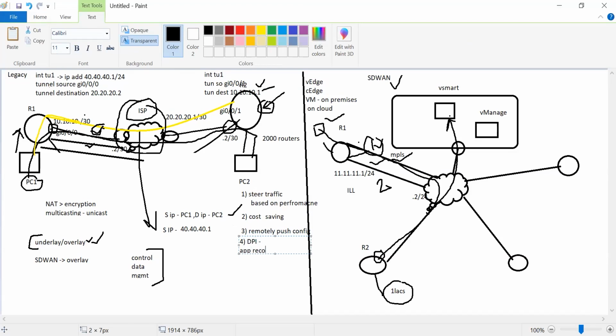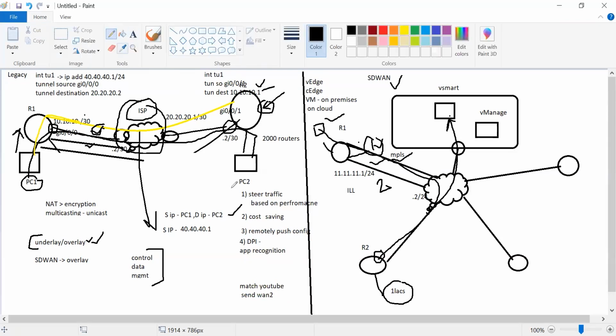So you can simply say match YouTube traffic and send across my WAN link. You need not specify the IP address of YouTube server or any application. There are, I think, more than 2000 applications which are well defined within SD-WAN.